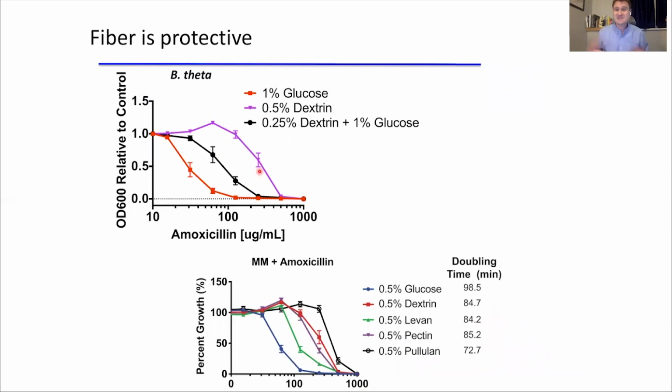Another important question is whether this is simply a growth rate dependent phenotype. We looked at the doubling time on different carbon sources and their MICs, and we found that the bacteria grows faster on dextrin, even though it is less susceptible to amoxicillin. So the doubling times don't seem to have an impact on whether you're going to be susceptible or tolerant to the antibiotic.